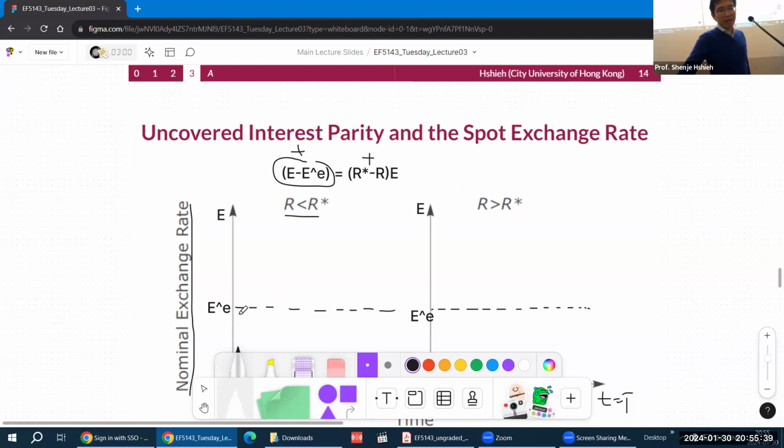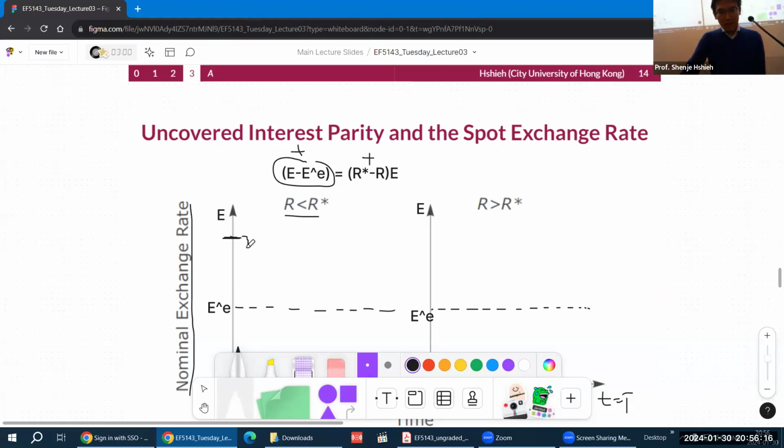It means that if E hat E is anchored here, then the spot rate must be up here today. Today, if R star minus R is positive, and if E hat E is anchored, meaning it's a constant and nothing's going to change it, anything that happens today, then E must be higher than E hat E, our anchor, today. Do you agree?